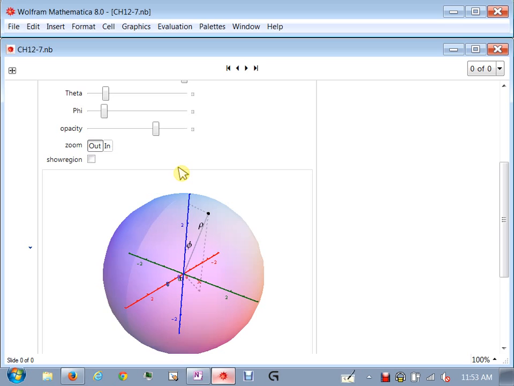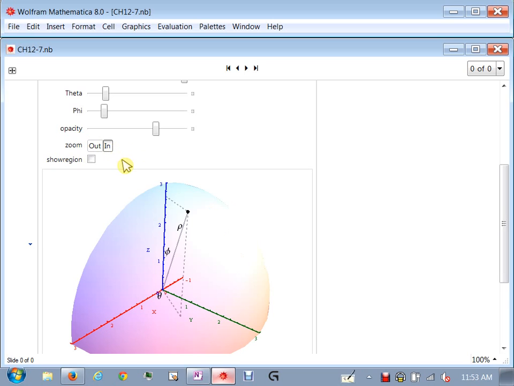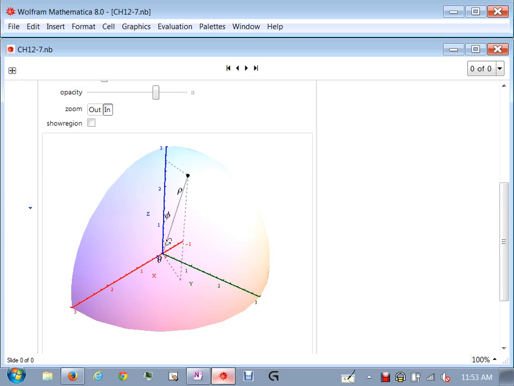Then imagine leaving your rho, your radius, alone, and just letting phi and theta vary. Then it's like someone standing here swinging a ball around the room with a fixed radius, and it draws a sphere. Yes? See what this does. That's zoomed into the first octant.